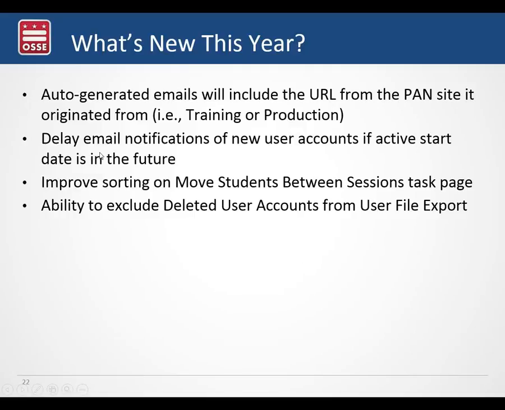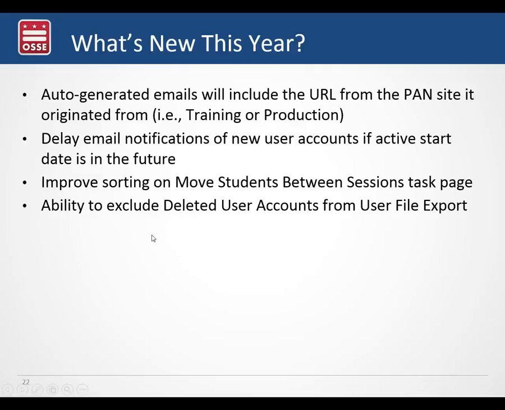Now Pearson Access Next will delay the email notification that the new user account was created for that person until that active date has happened. So if you add new user accounts now for, let's say, middle of March, they will not get the email until closer to the start date.